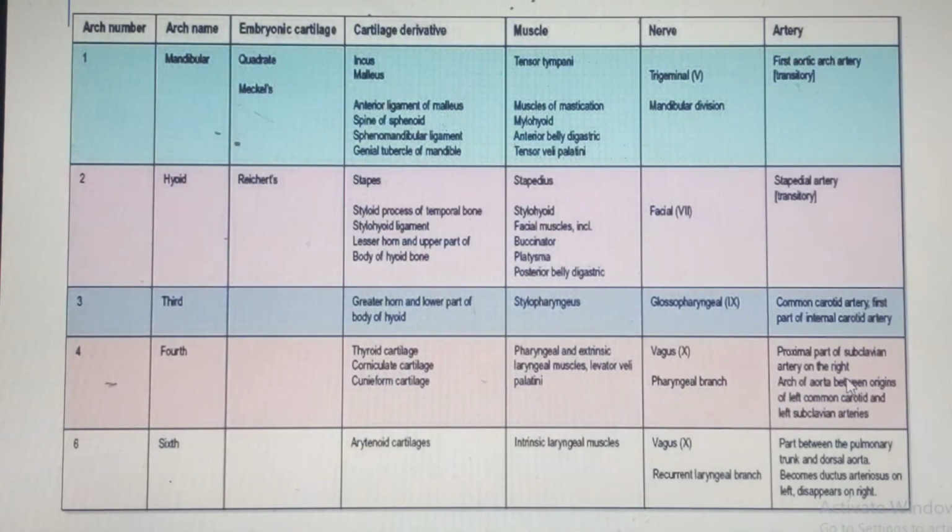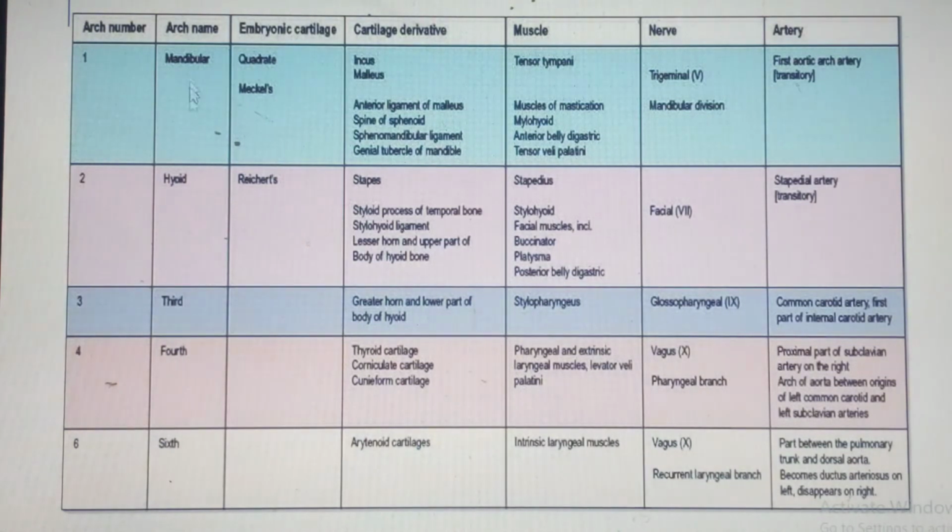So in summary, what have we seen? We've seen that we have five definitive pharyngeal arches, although there were six. These are pharyngeal arches 1, 2, 3, 4, and then 6. The fifth one degenerates.